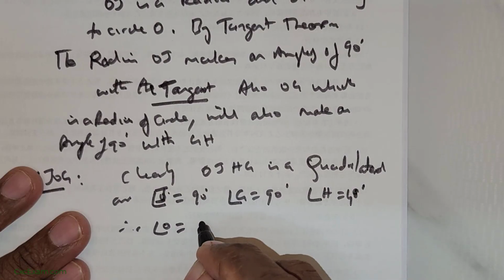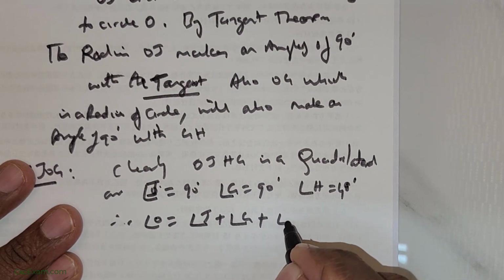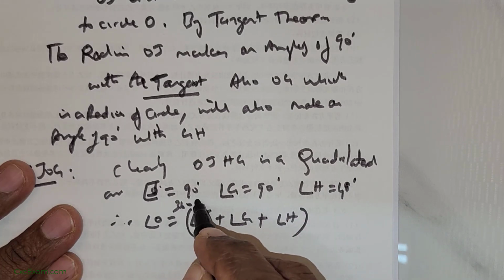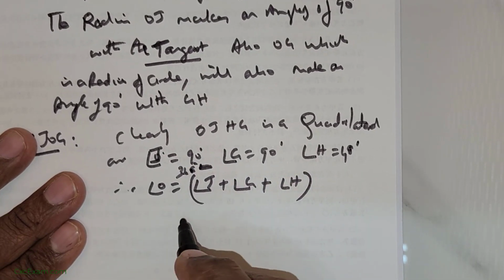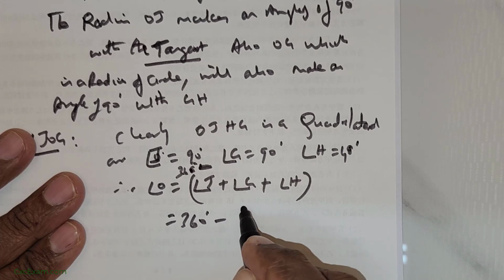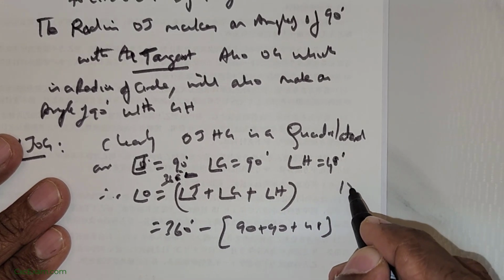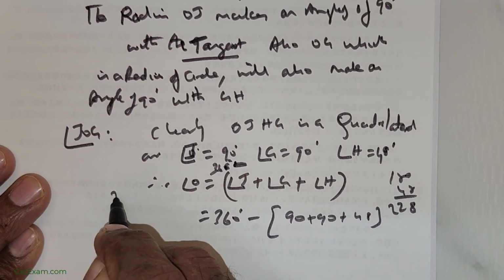Therefore angle O is 360 degrees minus the sum of angle J, angle G and angle H. So 360 minus 90 plus 90 plus 48, so 180 plus 48 is 228.